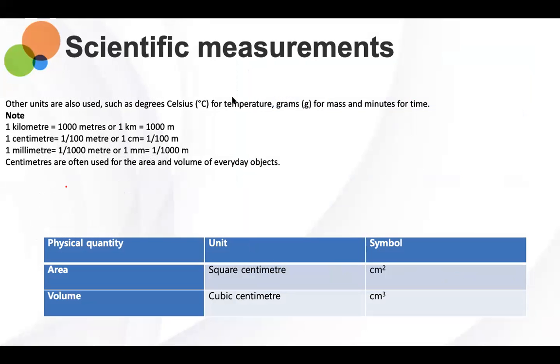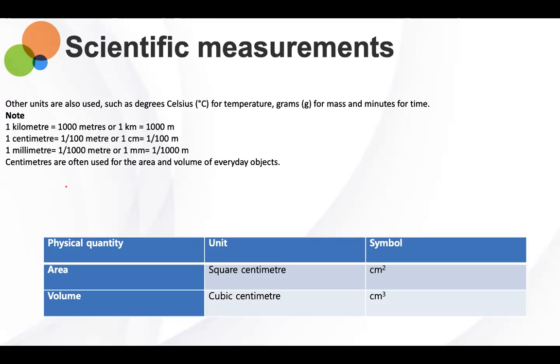So other units are used, such as degrees Celsius for temperature, grams for mass, and minutes for time. Note that 1 kilometer is equal to how many meters? 1 kilometer is equal to 1,000 meters.